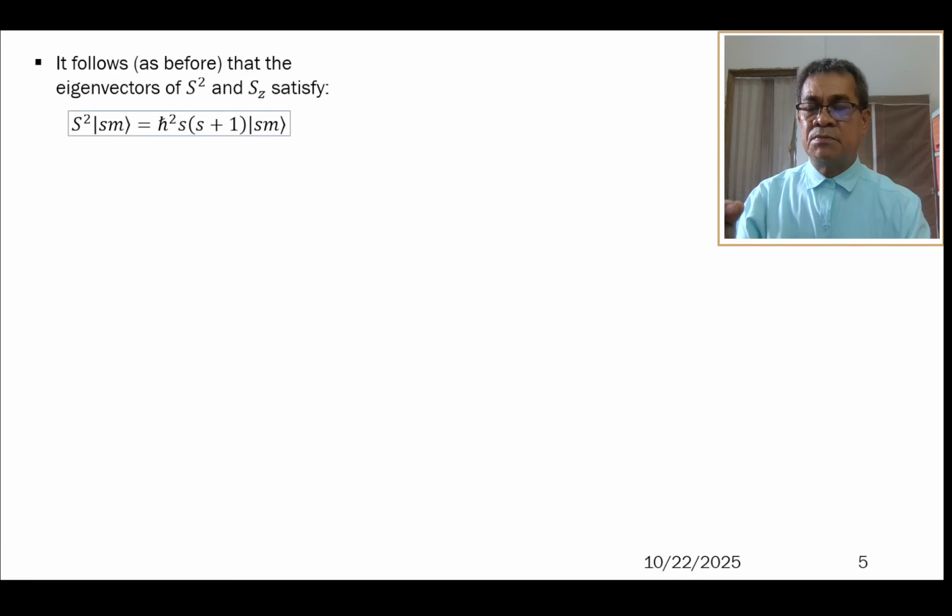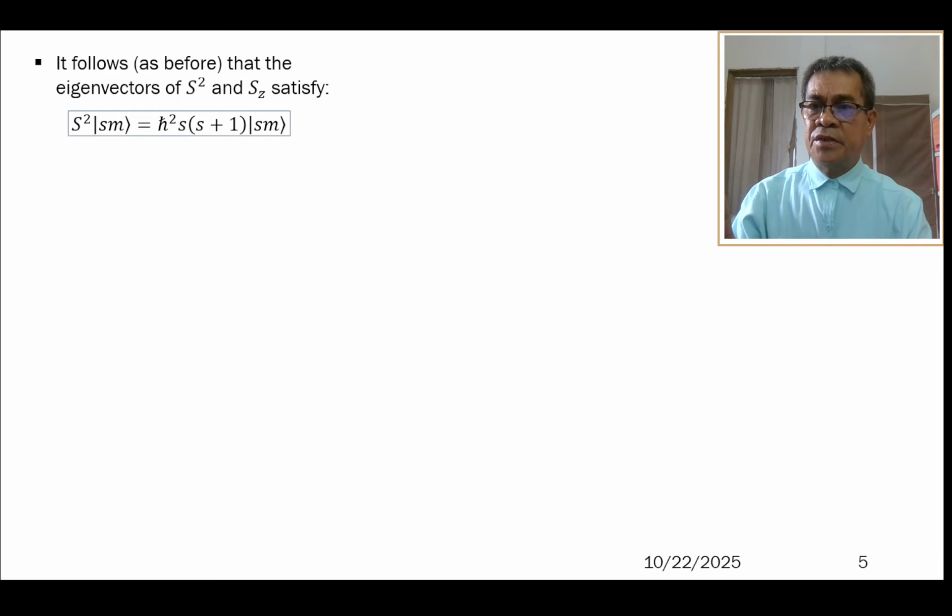Therefore, S squared acts on a state s and m, where s is the spin and m is another quantum number, and it is equal to h bar squared times s times s plus 1 times the state vector, or the eigenvector, in terms of s and m.